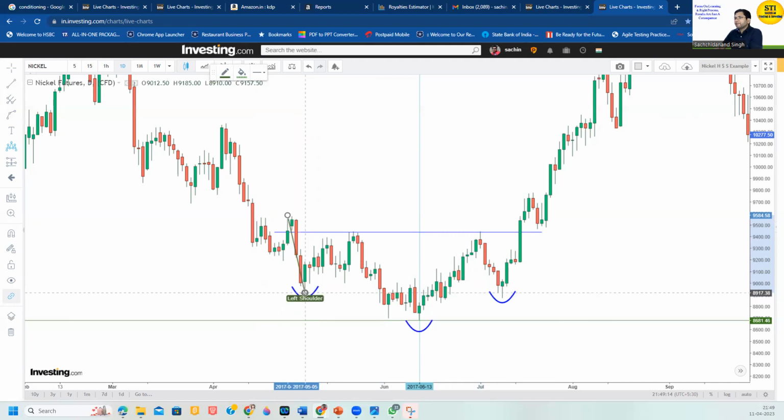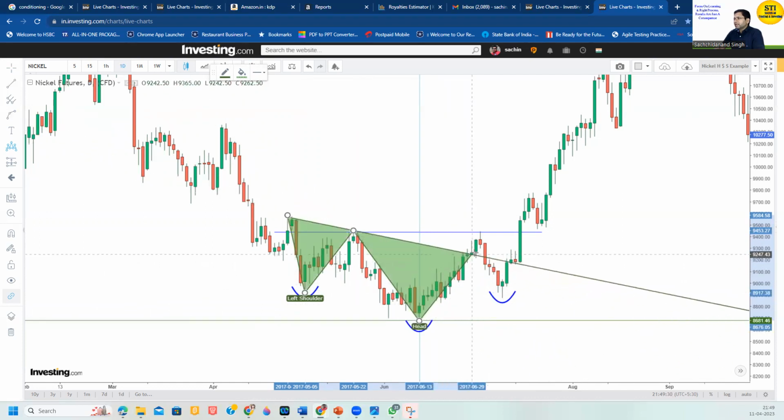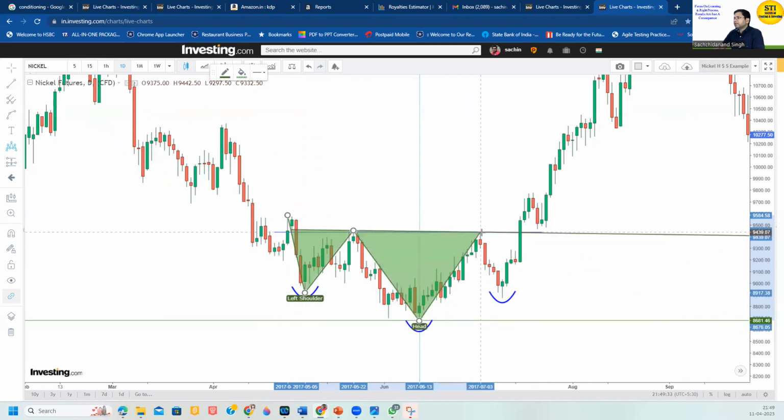The second click, and the third click will be where the neckline joins. Then the fourth click is going to be at the head. The fifth one will be the start of the right shoulder, and the next click will be on the bottom of the right shoulder, because it is an inverted head and shoulder.